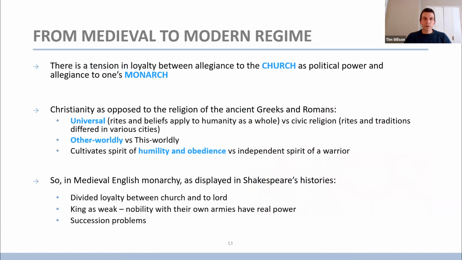So there is a tension in loyalty between allegiance to the church as political power and allegiance to one's monarchs. That's another problem we see in this kind of tension between the classical and Christian virtues.